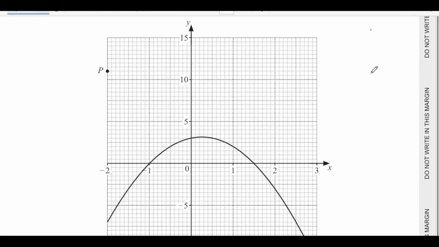You see, this is the point P. So, you place your ruler at point P and then see where it touches the graph here. It will not be easy for me to draw here.